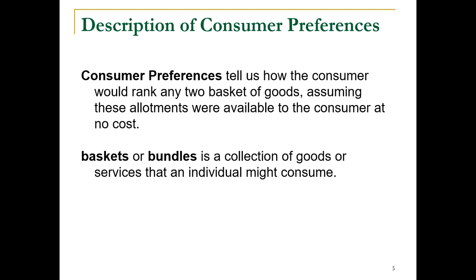Why? Because consumer preferences help us understand how consumers would rank various, or let's say two, goods. Using preferences, a consumer is able to rank these two baskets of goods to say, I love this, or I prefer this to that. This comes at number one, this comes at number two, because of their preferences.